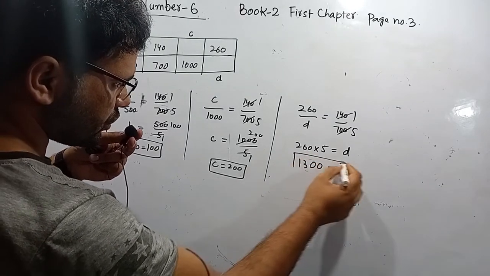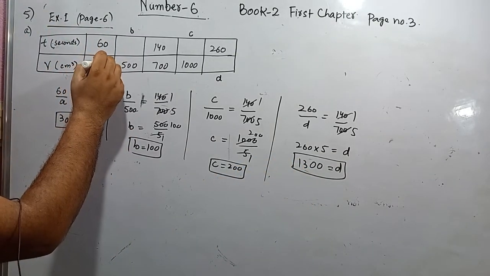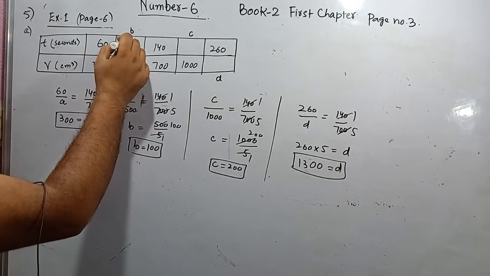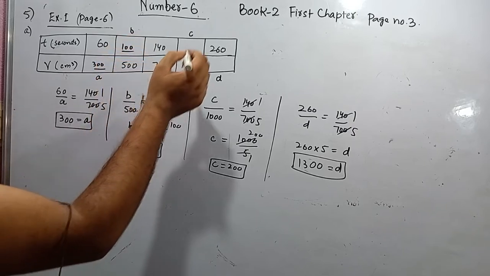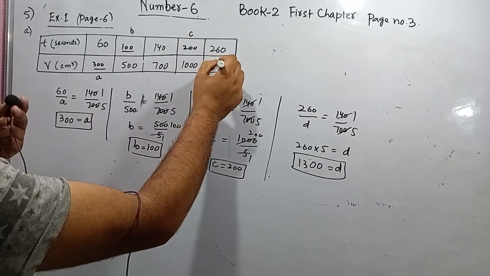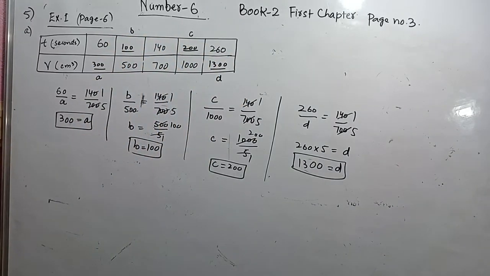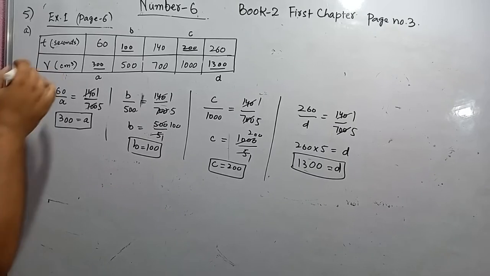So D is equal to 1300. Now this value is 300, this value is 100, this value is 200, and this value is 1300. We got all these values. That was part A of the question.